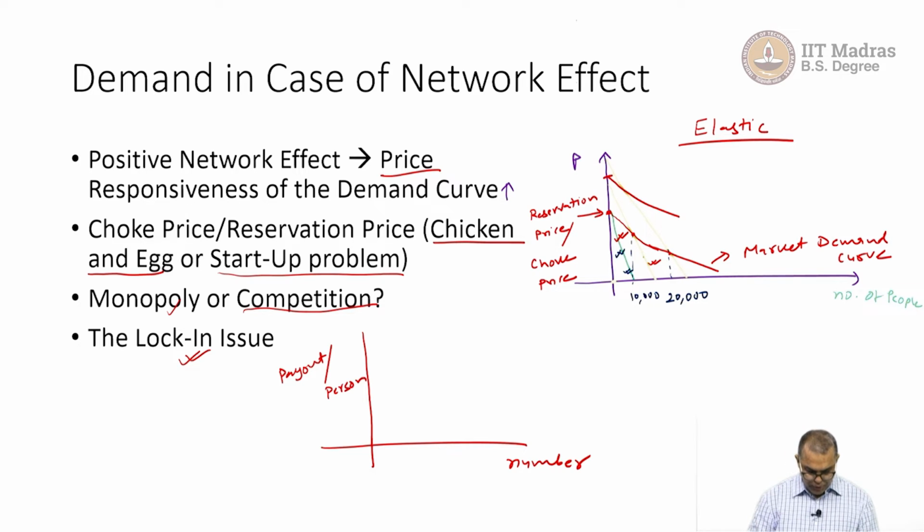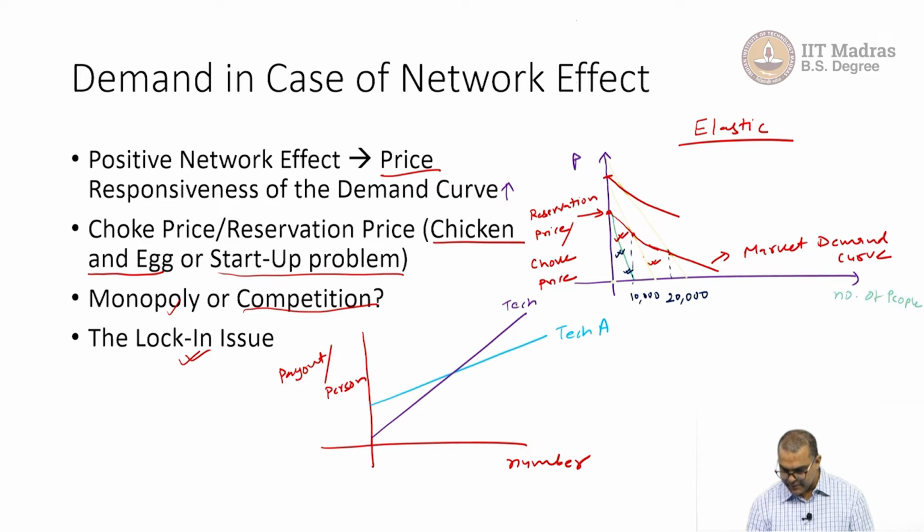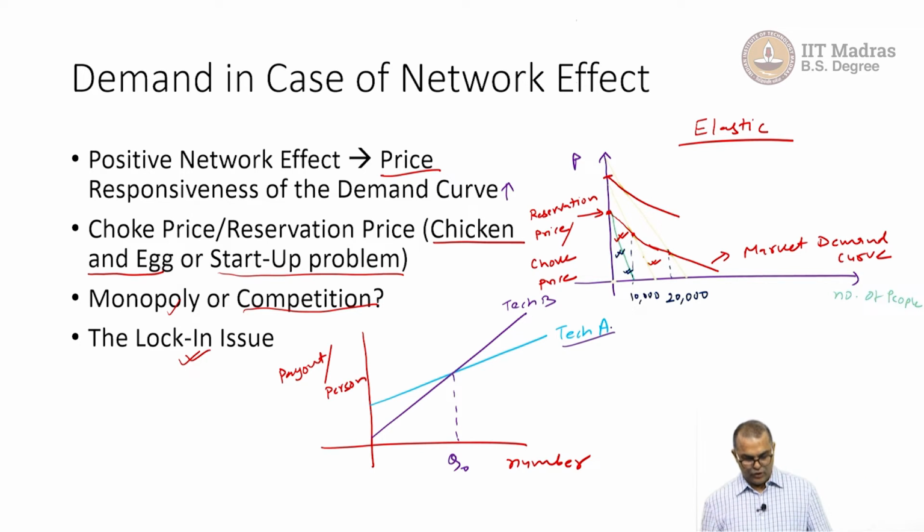As more and more people are joining, the payout is increasing. Let us say these are the technologies. This is the technology number one, and here you have, let us say this is tech A, and here you have tech B. So after this particular number, let us say Q naught, technology B is better than technology A.